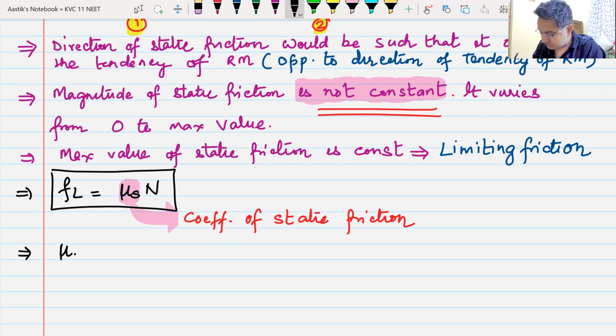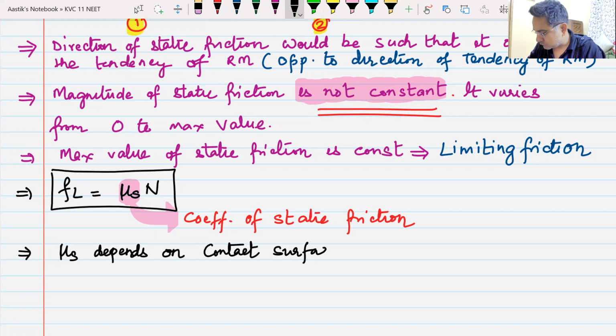Mu s depends on contact surfaces. And this value of mu s is always greater than mu k.